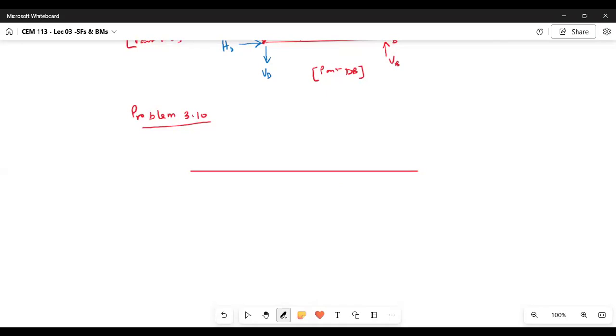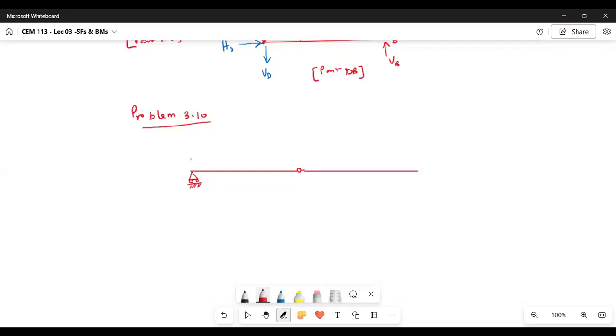This side is a roller support. And there is an internal hinge somewhere here. Internal hinge here.